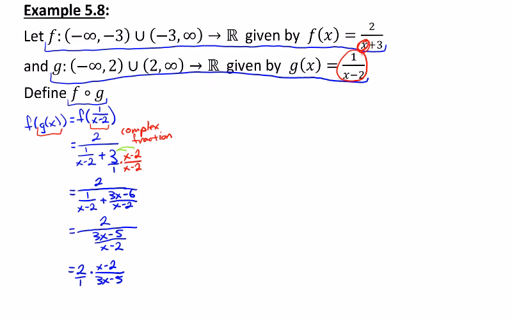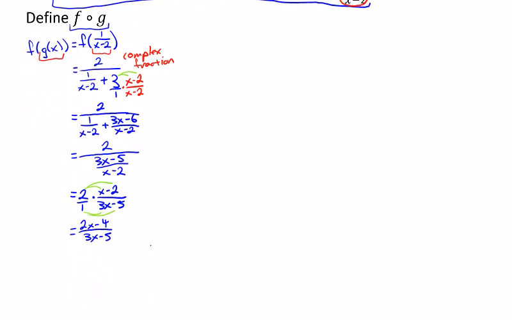In that case, you multiply across the top, and you multiply across the bottom, and you will end up with, let's see, 2x minus 4 over 3x minus 5. So that ends up being what the equation is going to look like for us on this composition.